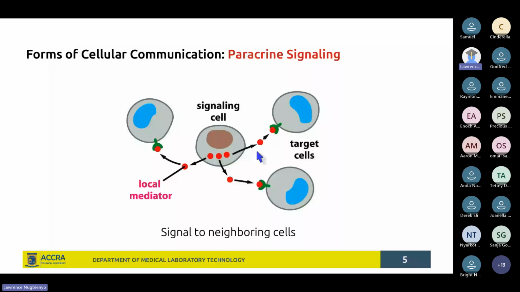You find this with, for instance, the pancreas that secretes the hormone, say insulin, that will be acting on some cells that are nearby in its environment, to control metabolism of carbohydrates. So you have such paracrine signaling also as one of the ways that cells communicate.